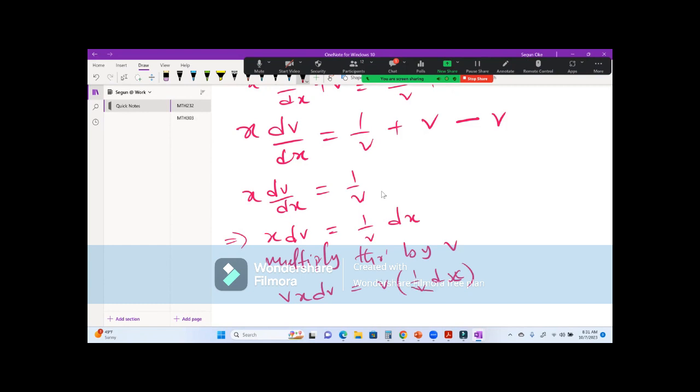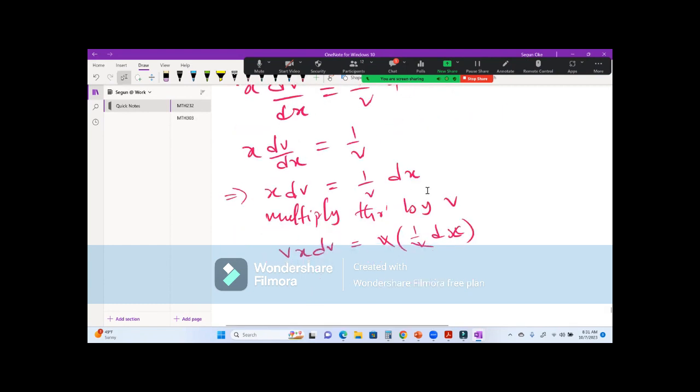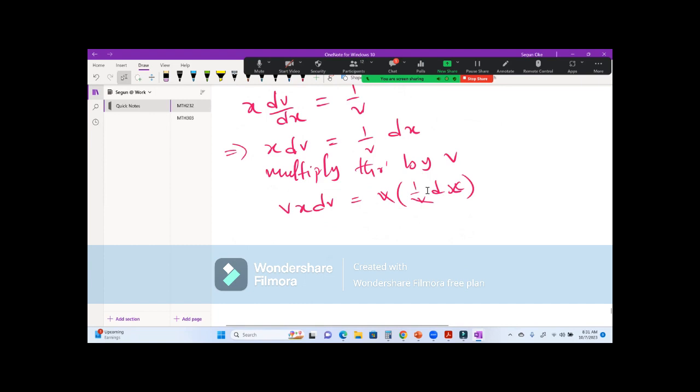So this will go with this. That's the v's. This goes with this, so you understand it when you are watching the video again. So here we have vx dv equals x.